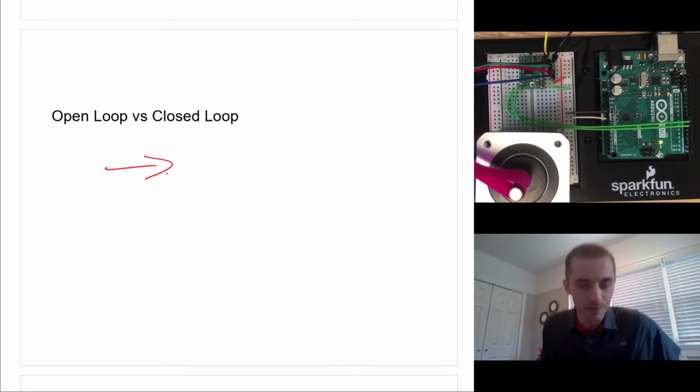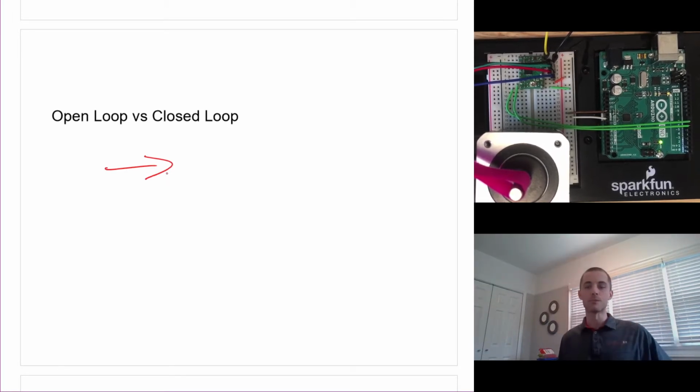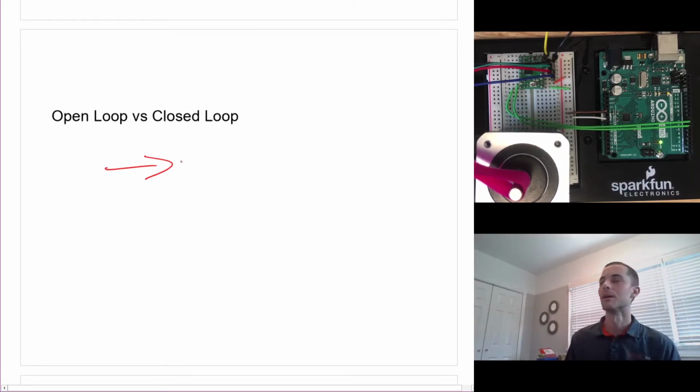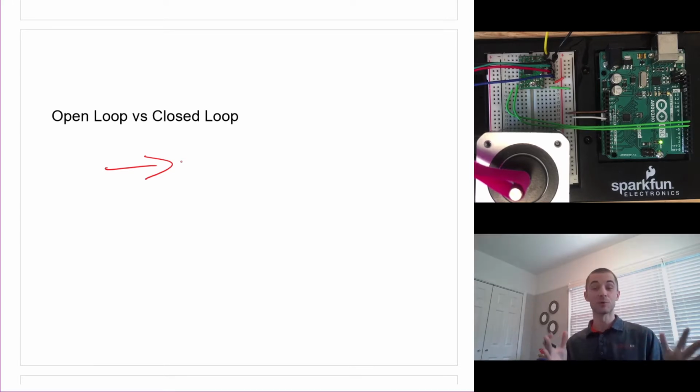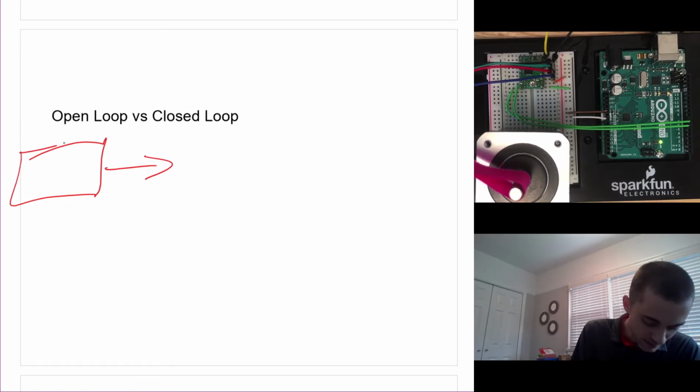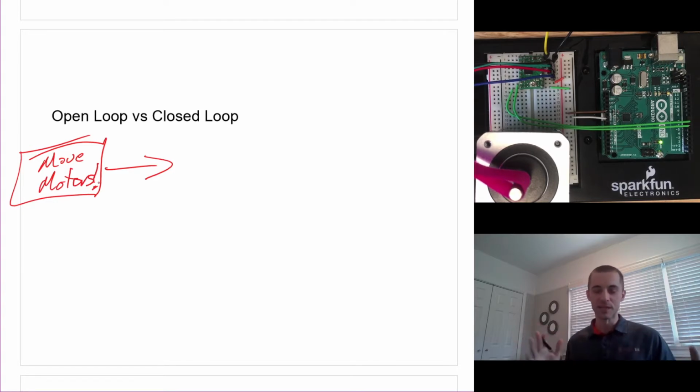You're trying to control a motor. You've come up with some path. Really, it's a better way to put this: you've got a program, right? And that's what we're going to do in lab. We're creating a program. Our program says move motors, and it does so very enthusiastically, right?